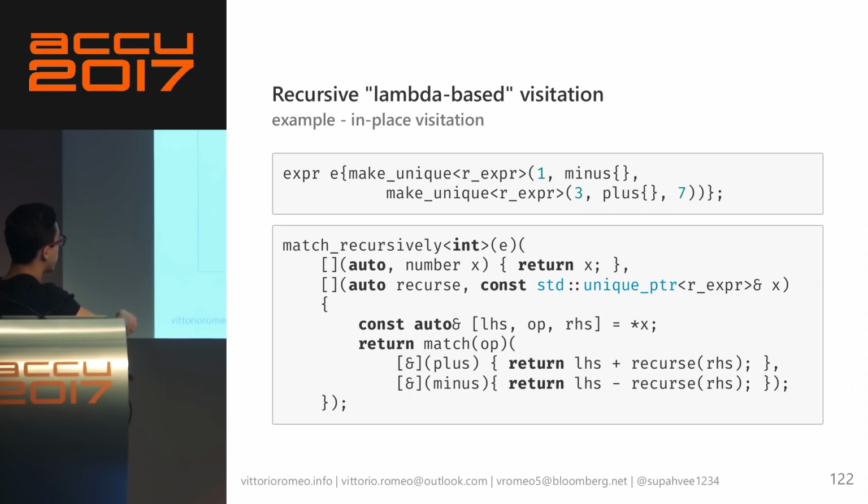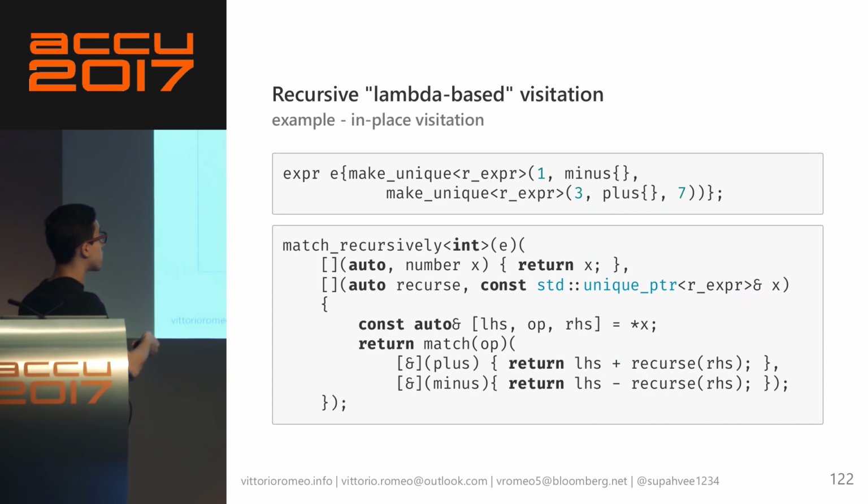And then what you do, you provide your function objects, your lambdas, as you did for the non-recursive match. But every lambda you provide will take an extra parameter here by auto. And you can ignore it or use it to recurse. So this auto here will be provided by match recursively, and it will give you a way of performing the recursion inside the body of the lambda.